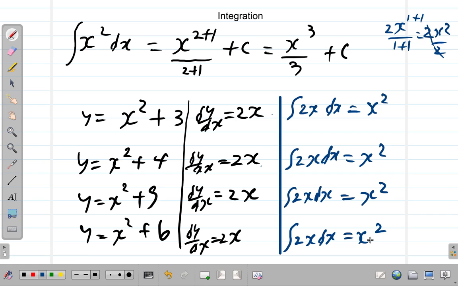Well, now, what we can say about this is, if you get 2x to integrate, you don't know if another number was added. When you integrate 2x and get x squared, how do you know that it wasn't x squared plus 3? How do you know that it wasn't x squared plus 4 or x squared plus 5 or x squared plus 6 or x squared plus any other number?